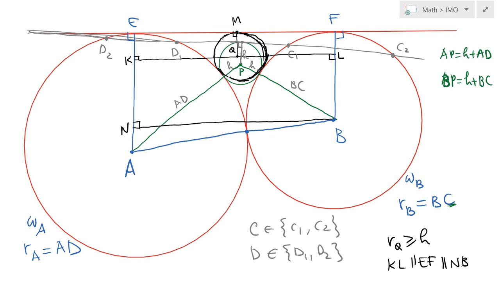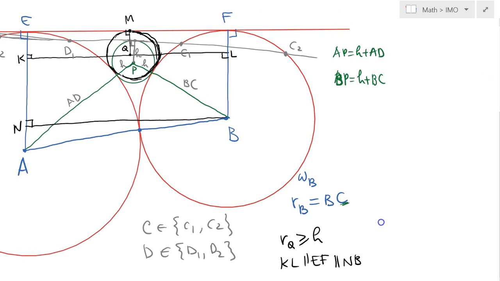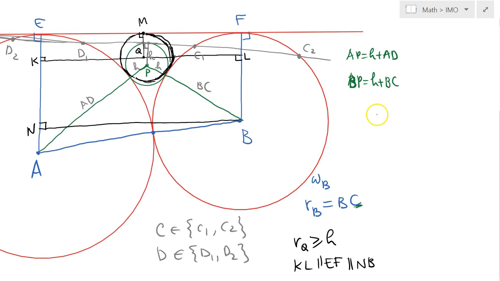Namely, I need to compute the lengths KQ, QL, and BN, making use of the right triangles. For instance, if I focus on this triangle AKQ, KQ is simply the square root of the hypotenuse squared minus KA squared.